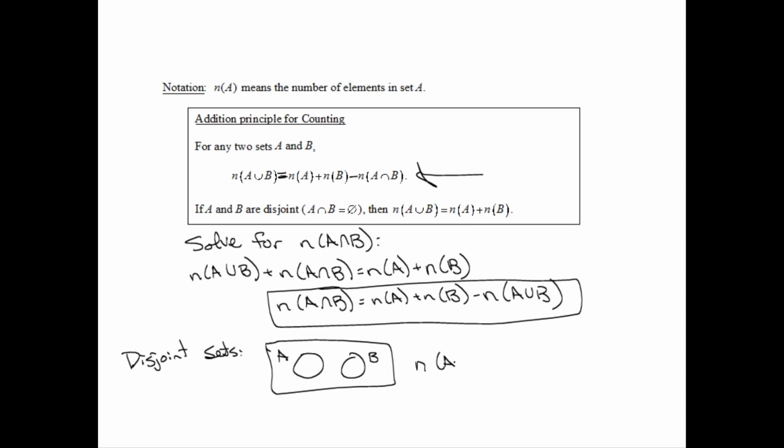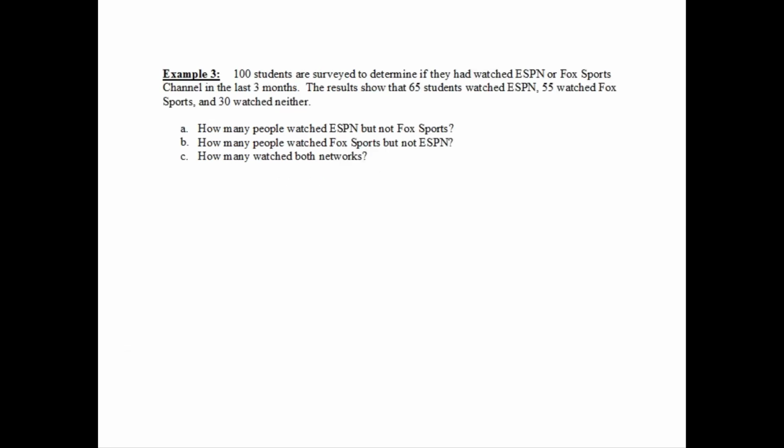And so here the number in the intersection is 0. We could also say that the intersection itself is the empty set. In that case, you would just add the numbers in A and B to get the total in the union.